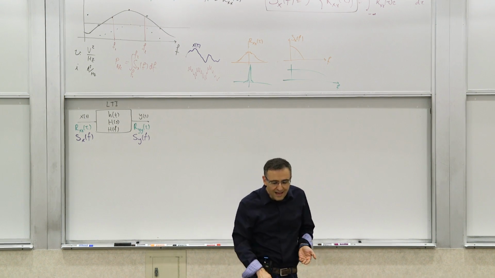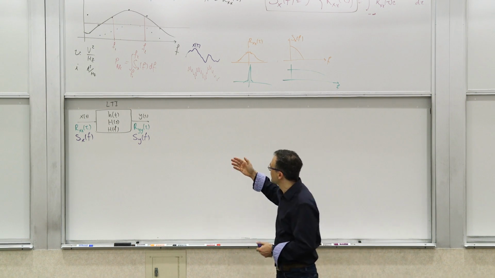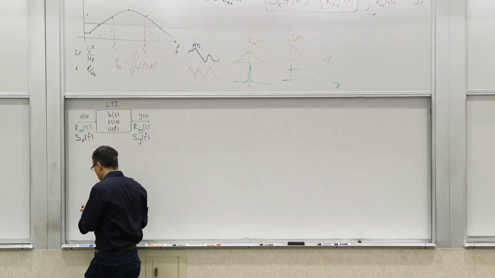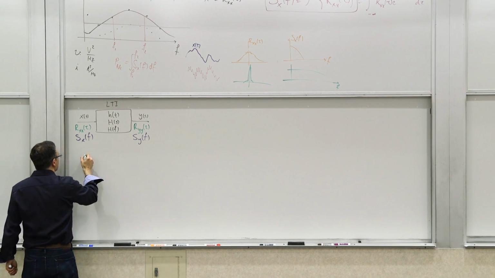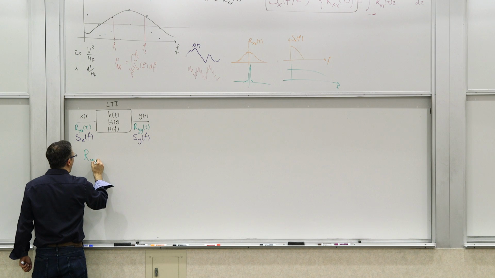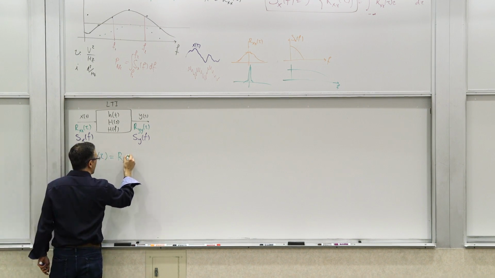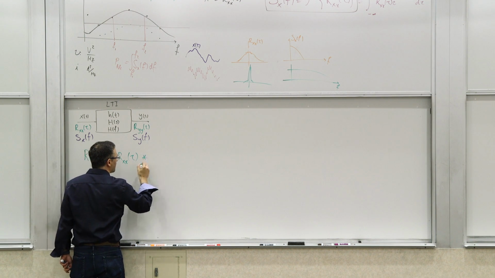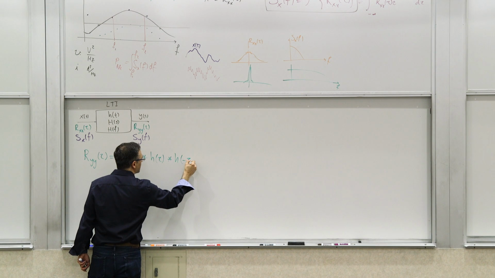And the relationship is actually pretty simple and straightforward. We can start with the relationship for the autocorrelation function. I'll tell you how to derive it. It says basically Ryy of tau is Rxx of tau convolved with h of tau convolved with h of negative tau.